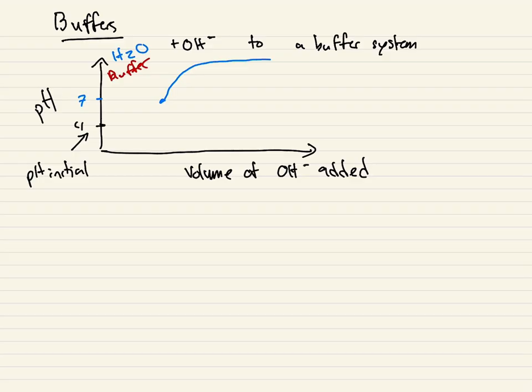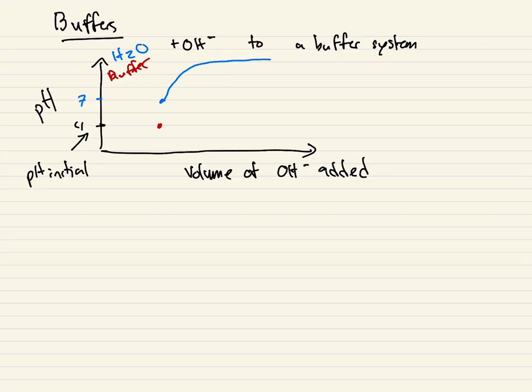If we have a buffer system, what should happen to the pH of the solution as we add base to it initially? Is your hand up, Steve? Yeah. So it shouldn't go down and then up. It'll probably stay the same at least, right? It might go up a little bit, right?